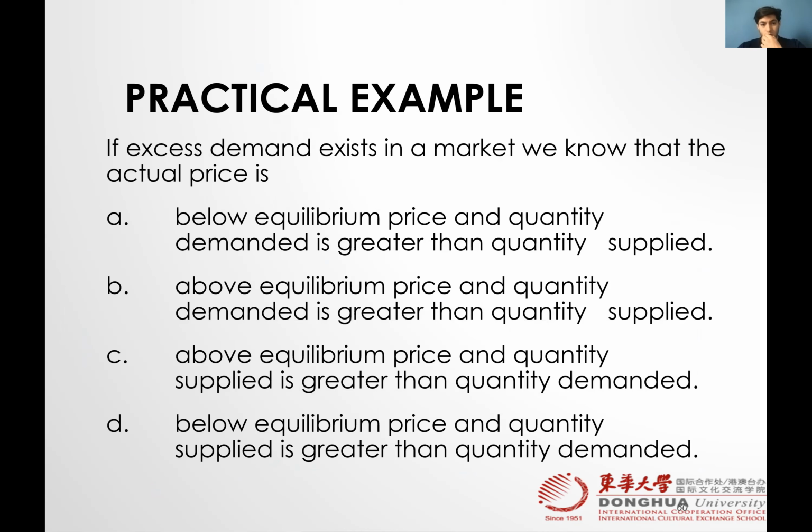So below means B and C can never be the answer because they are talking about above. Which one is the answer? A. Well done. This is how you narrow down the choices.